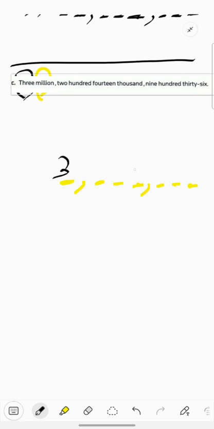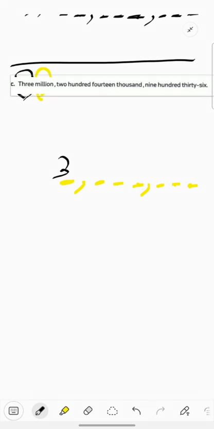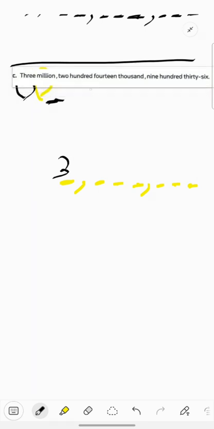So now in the thousand place, you have 200. Sorry, 200 in the thousand place. So here is ones, tens, hundred. 14,000. 900. 9 in the hundred. 36. And that's it.